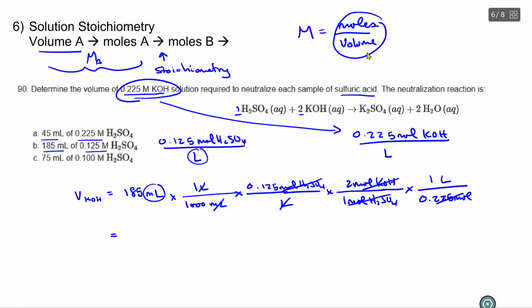I end up with a volume, and that number comes out to be 0.20, and then it's 5 repeating, so I'll just round it to 6 because I have 3 sig figs, and that's liters of KOH. If the problem had asked for milliliters, then you have to be careful. It just says determine the volume. If the answer says milliliters, then you would have one more step here, but it's not actually asking you that in this problem. But if it did, then you would convert it to milliliters.